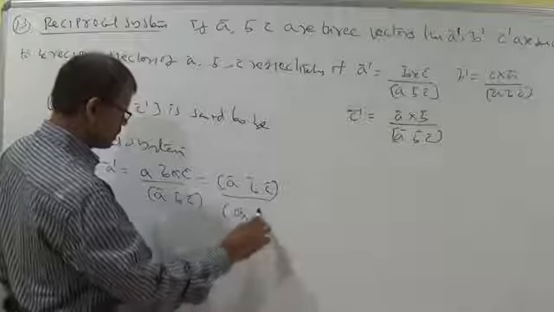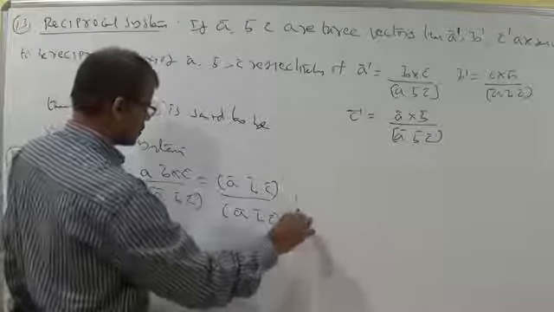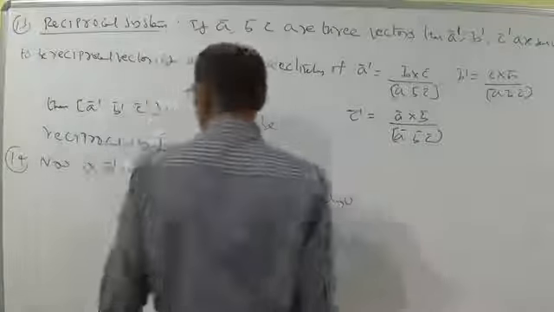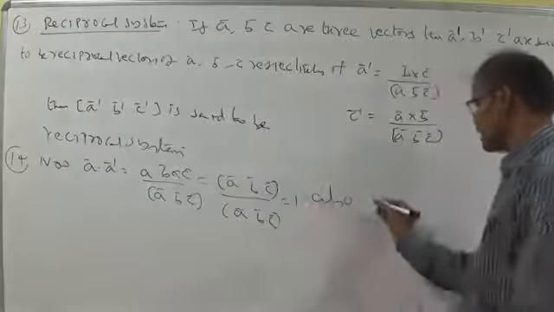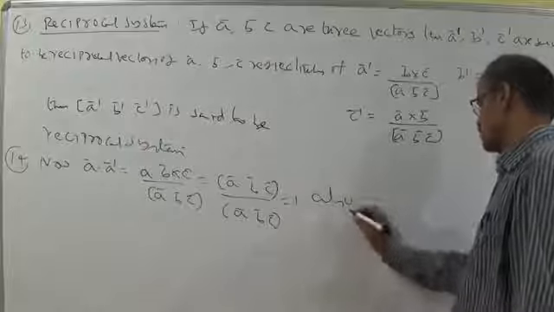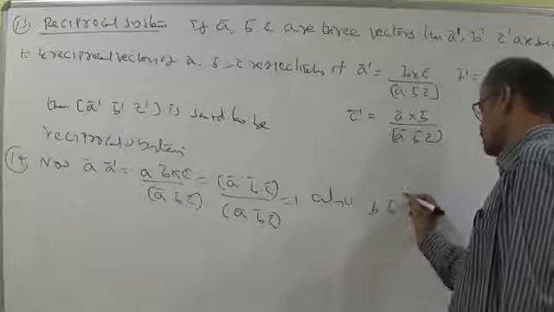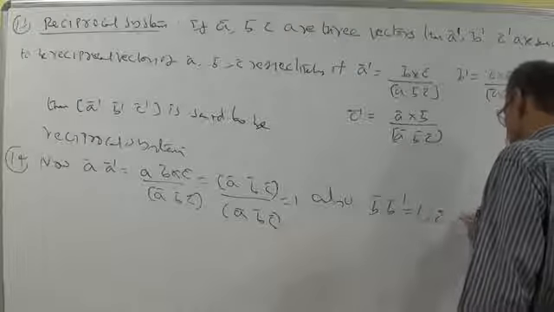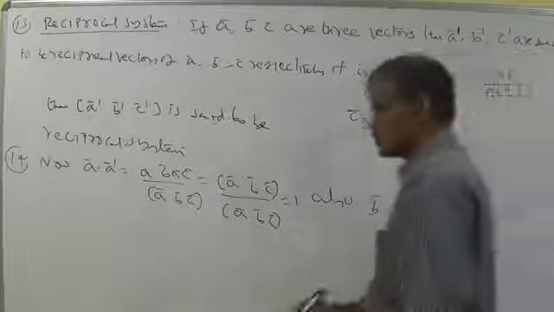Box ABC by box ABC is equal to 1. Therefore A dot A dash became 1. Then B dot B dash is also 1. C dot C dash is also equal to 1.